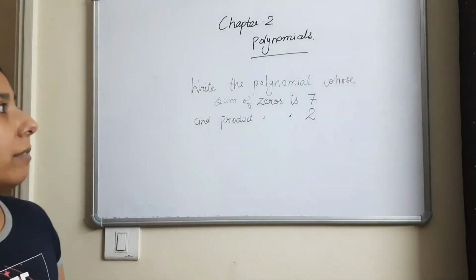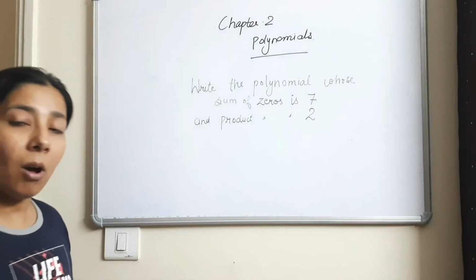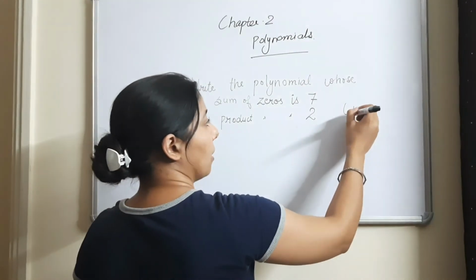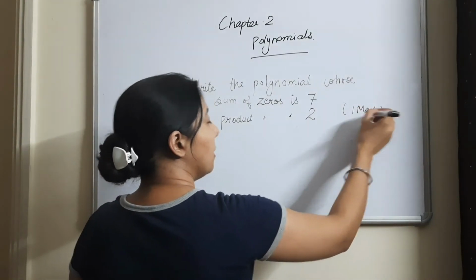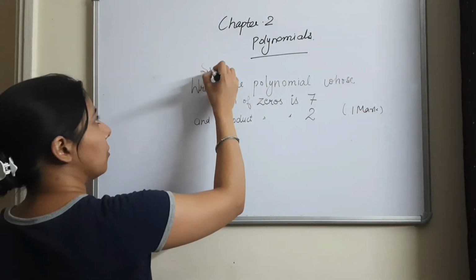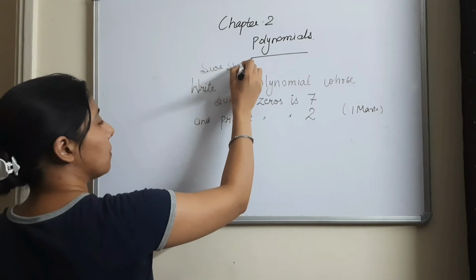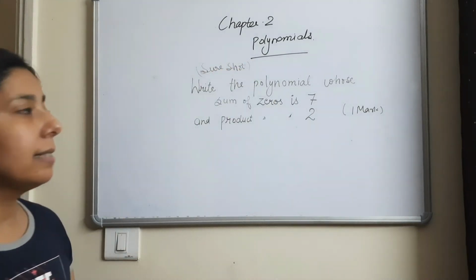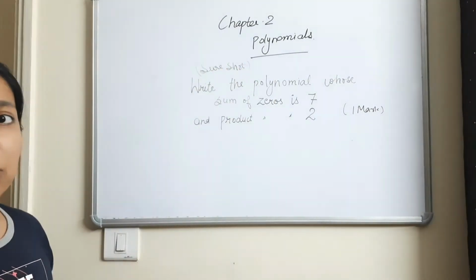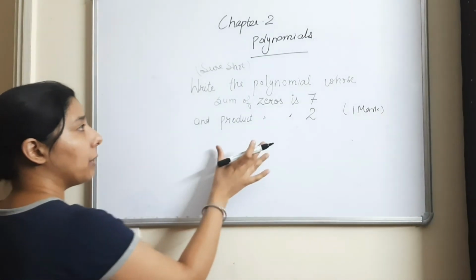So this is the question which comes in your CBSE exams always for 1 mark. This is the short question which is coming in CBSE exam, and very easy also. I will tell you how to write the polynomial.